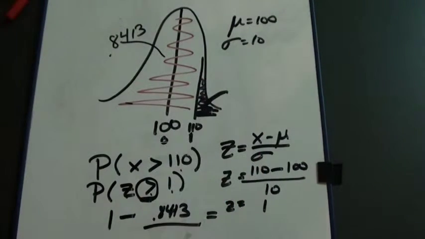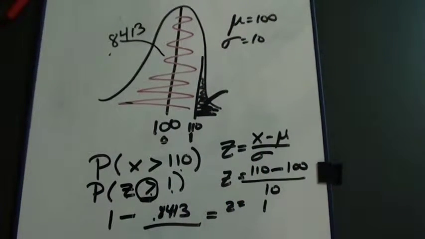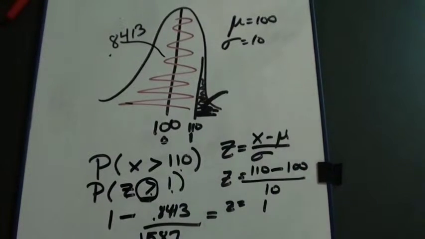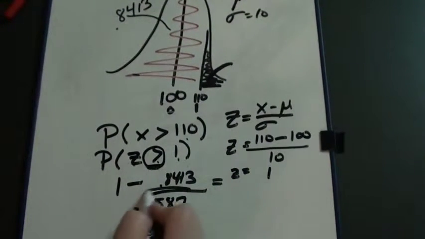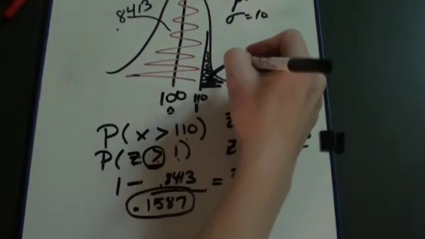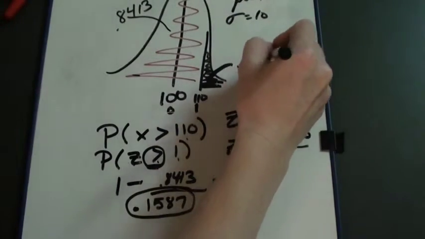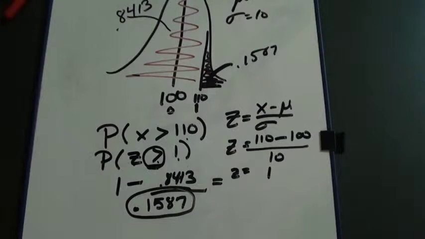And that's going to give me this little area over here, which is 0.1587. So that's your answer, or 15.87% chance that it will be greater than 110.